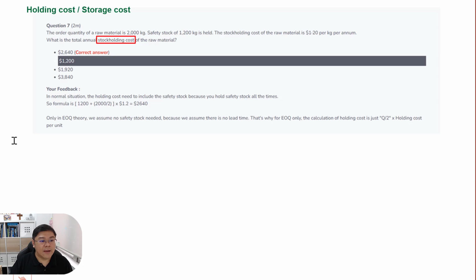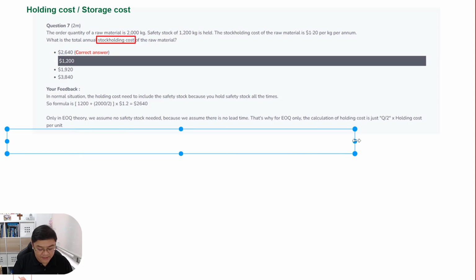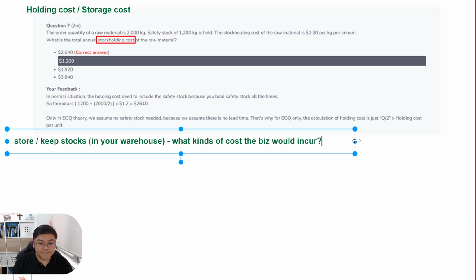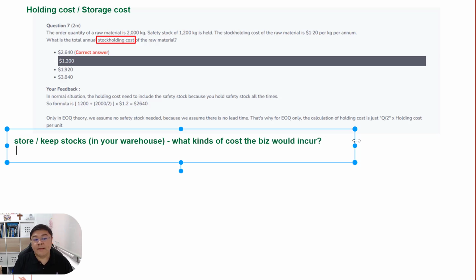Okay. So I write down over here. So remember, when you want to store or keep the stocks in your warehouse, what kinds of costs would the business incur? Now think logically. For example, you need to rent a place. You need to rent the warehouse.